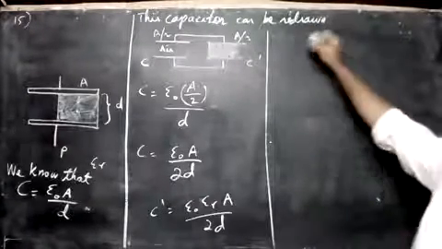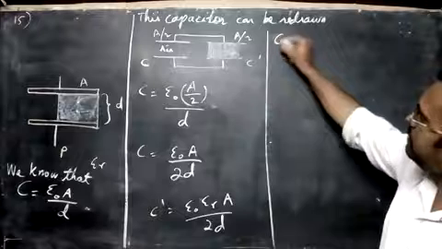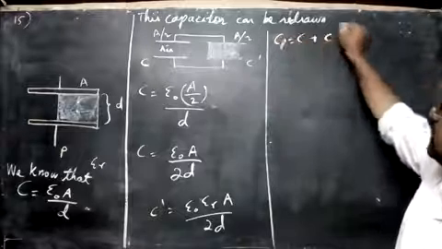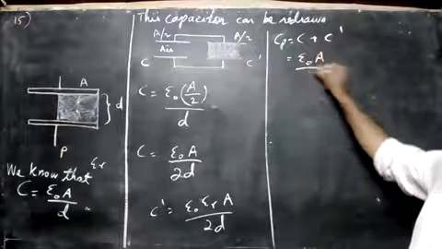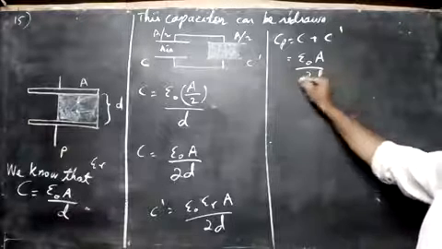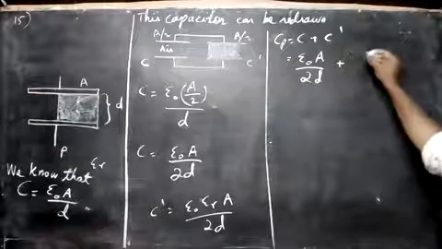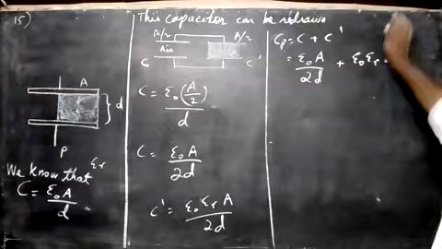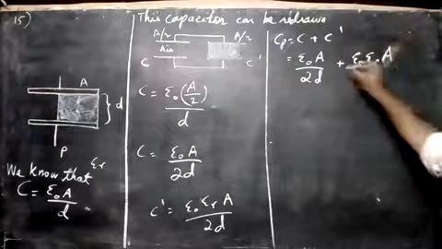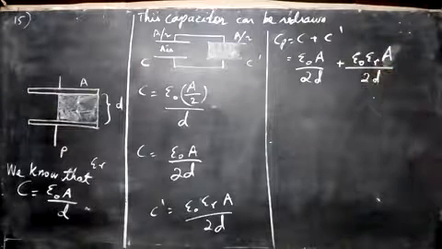So we have here Cp is equal to C plus C dash. What is C? Epsilon naught into A by 2D, plus epsilon naught into epsilon R into A by 2D. So now what is common here?